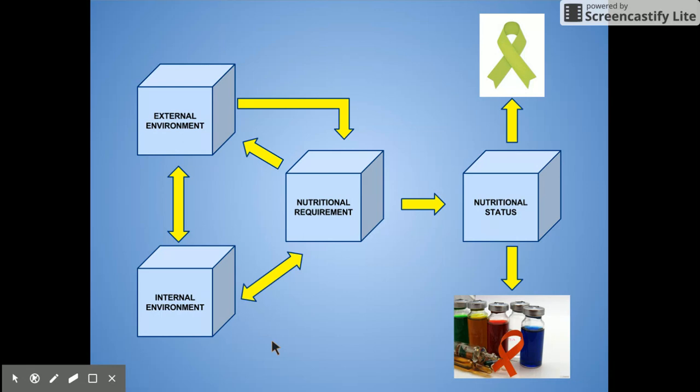Nutritional requirements go along the lines of growth and development. That's, I think, a big one. But then think about when a mother is pregnant. That mother is required to feed the baby that she's producing, and so that process of lactation and providing all the correct nutrients for the baby has an impact and is impacted by both external and internal environment.